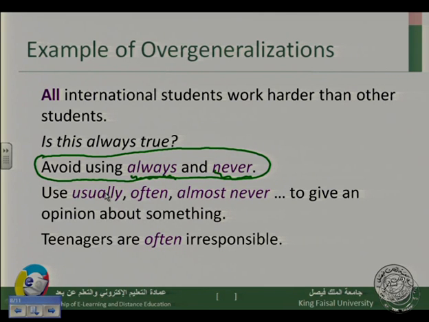What you should do is use usually, often, almost, and almost never. These kind of approximate words are better to use. So instead of saying all international students work harder than other students, you can substitute the word all with the word usually.